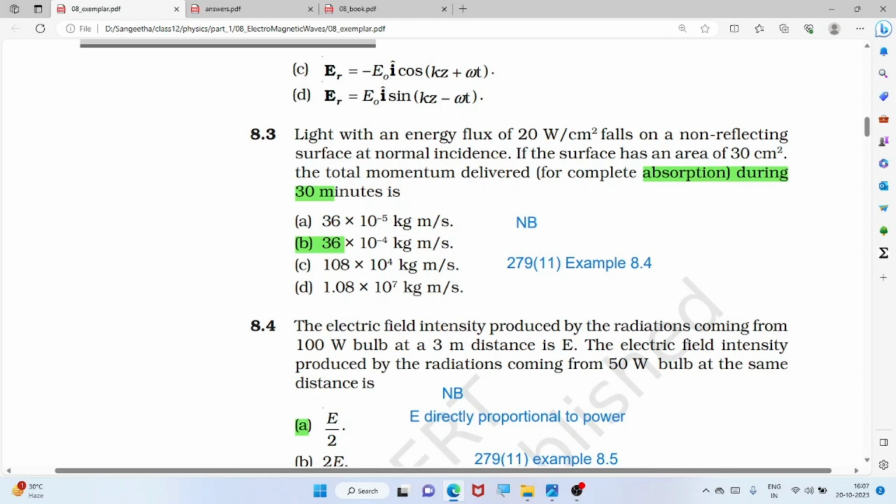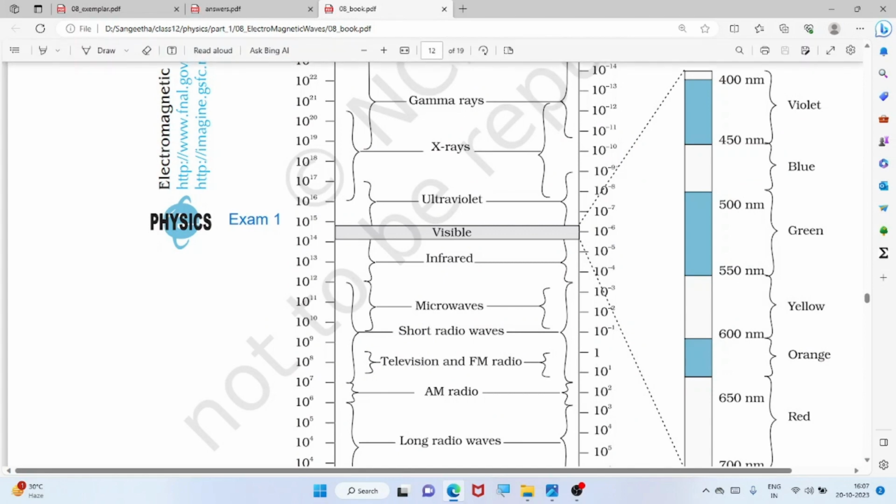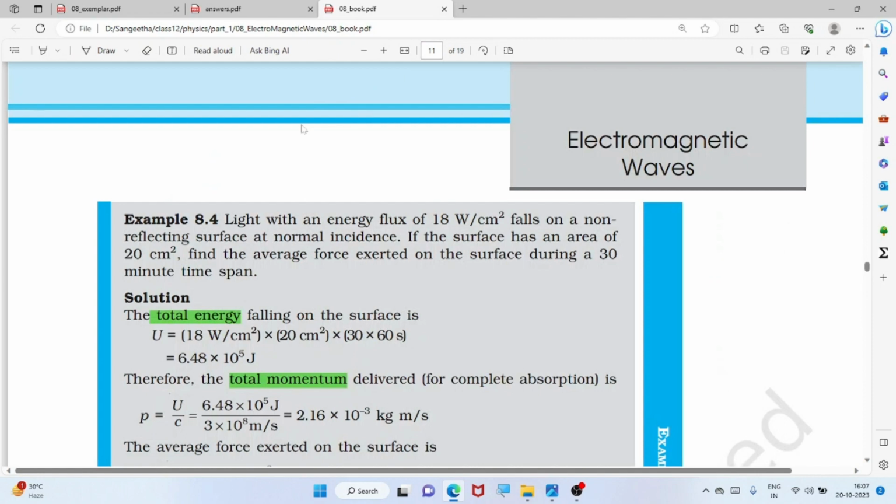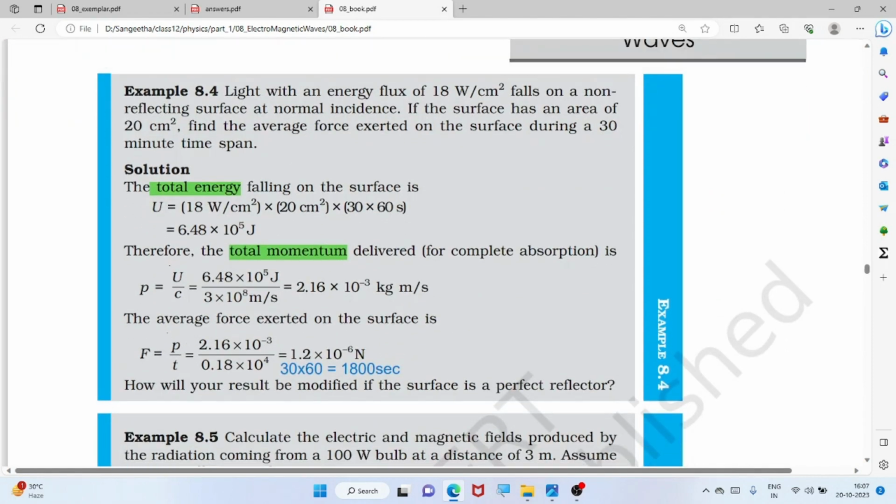Here this example is also similar. They are finding the energy from the energy flux into area into time, then the momentum. You can use a similar formula.